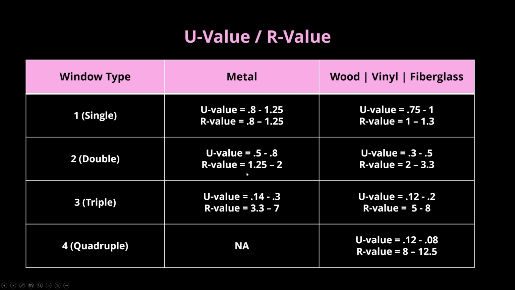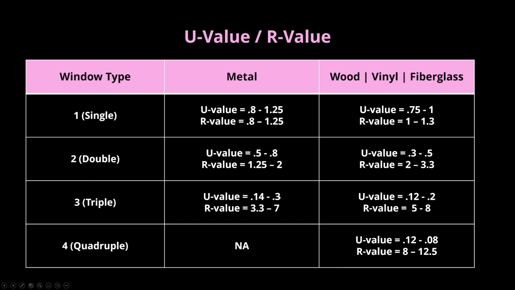When you get into the double pane windows, that's where the frame is going to make a bigger difference. Your R values on double pane metal are typically only up to about R2, while wood, fiberglass, and vinyl with double pane windows can get up to about R3, 3.5, in some cases even R4, depending on the gas that they have inside of it.